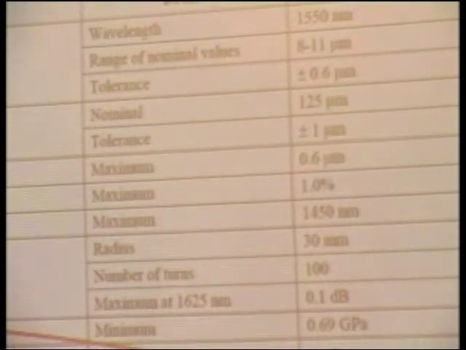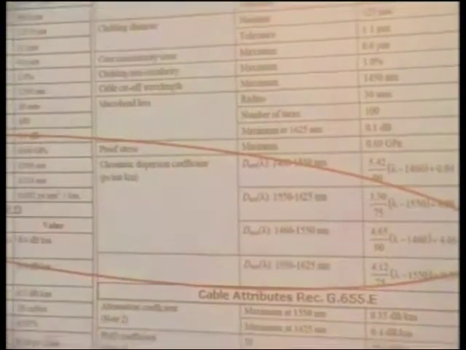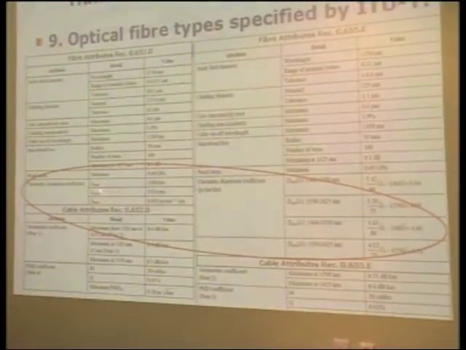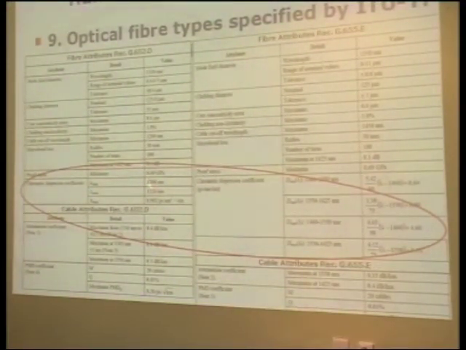Then some remarks on the chromatic dispersion. For 652 fibers, there is a quite simple specification, more or less. You see how it is specified. It's specified by means of minimum and maximum zero dispersion wavelengths, running from 1300 nanometer to 1324 nanometer, and a maximum slope at the zero point is specified.